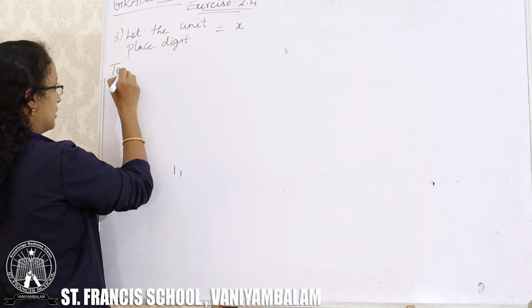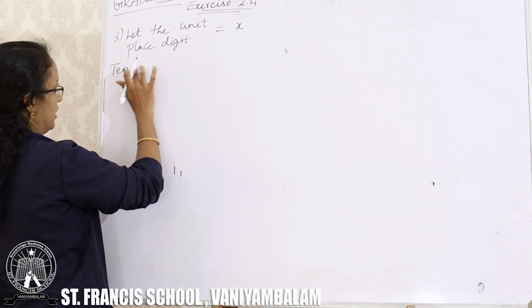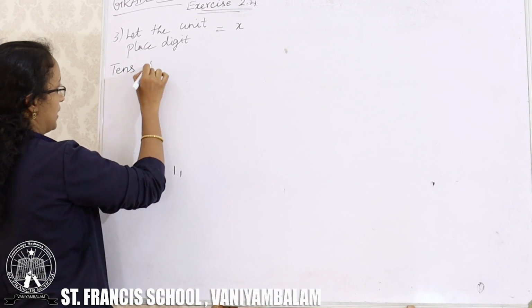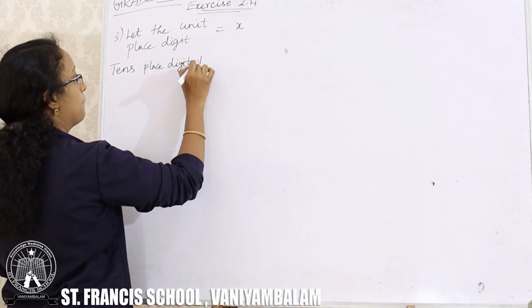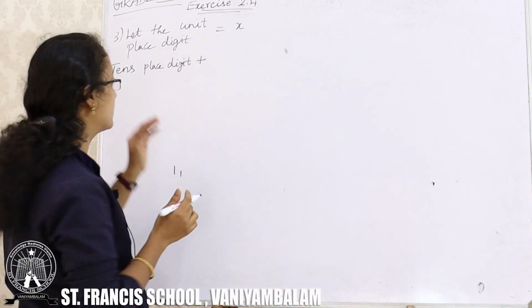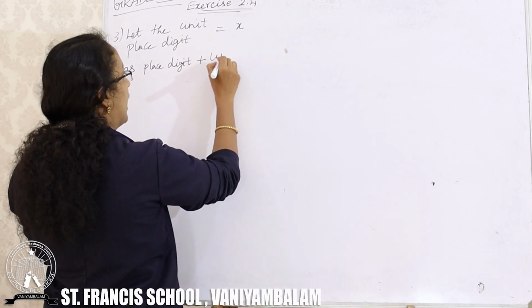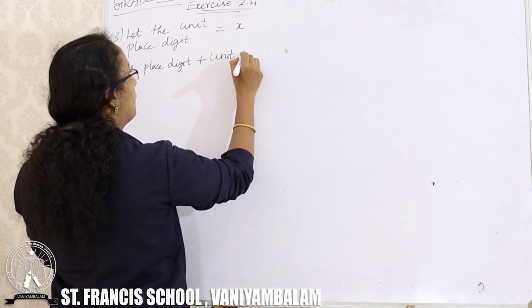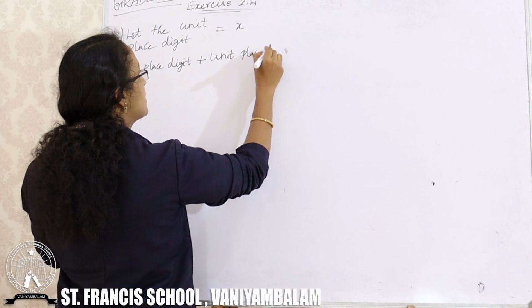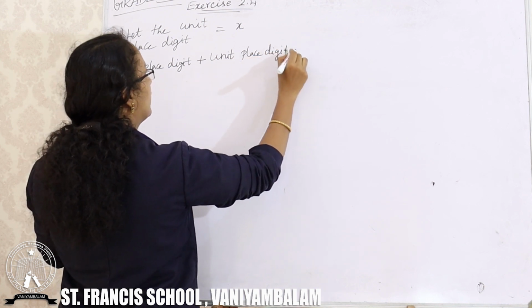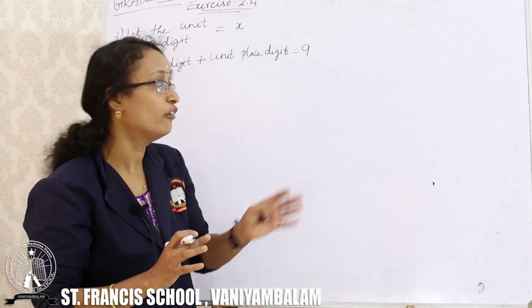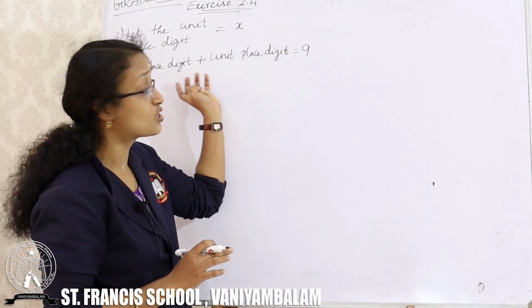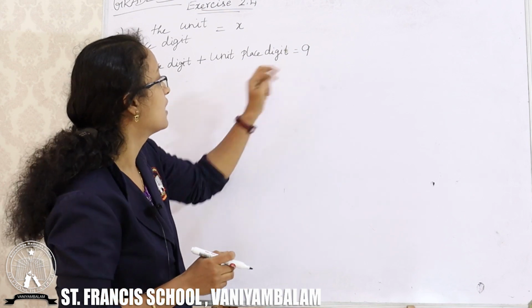That is, tens place digit plus, sum means addition, so tens place digit and unit place digit is 9. It is given in the question condition: sum of the 2 digits of the 2-digit number is 9.